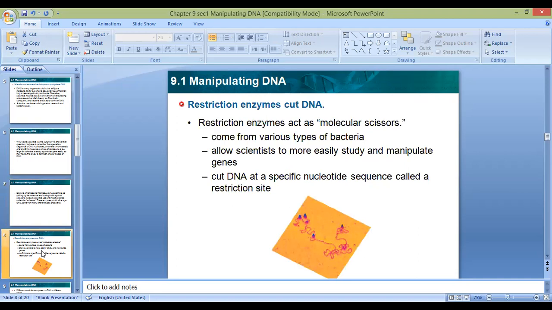of bacteria. Where do they get these restriction enzymes to cut the DNA?